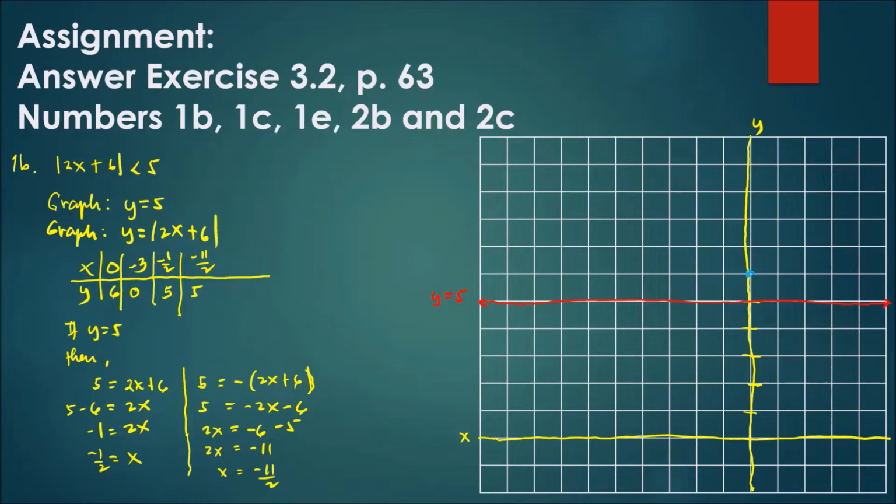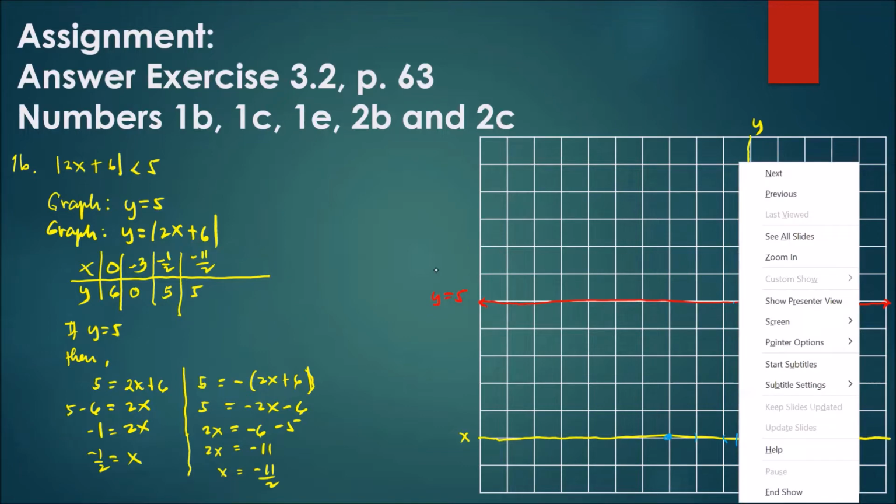This is on the x-axis, so this is negative 1, negative 2, negative 3. Then we have negative 1/2, 5. So it's probably here, and negative 1/2 would be somewhere here in the middle. Then 5.